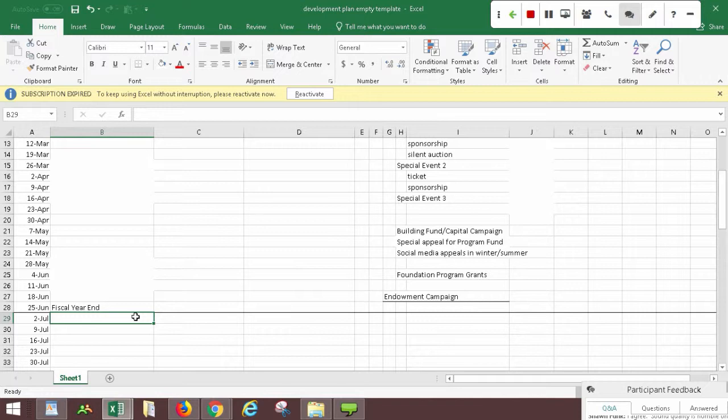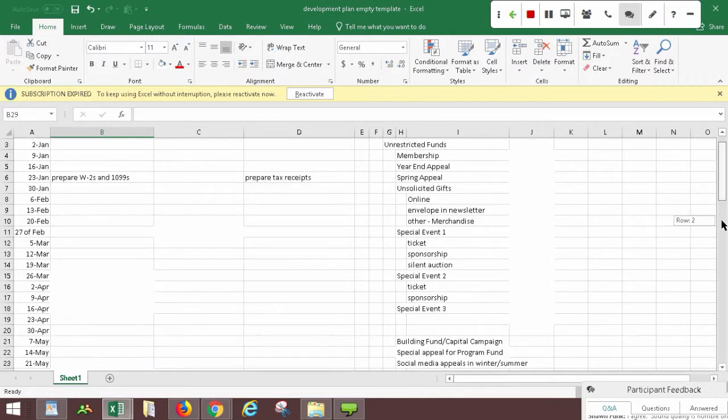So the next question after that, and that is actually something that typically doesn't affect your development calendar.